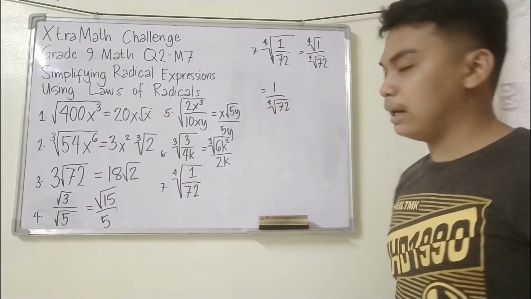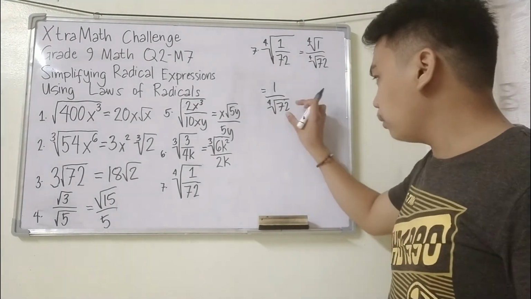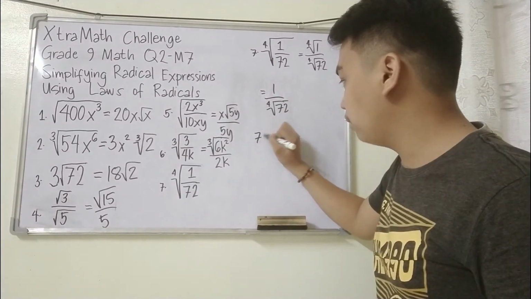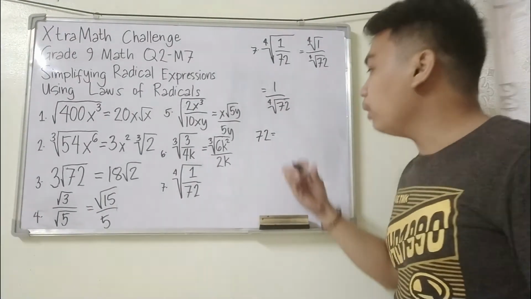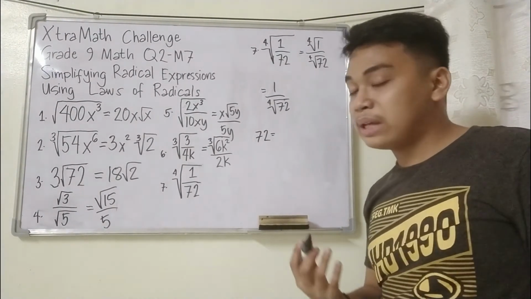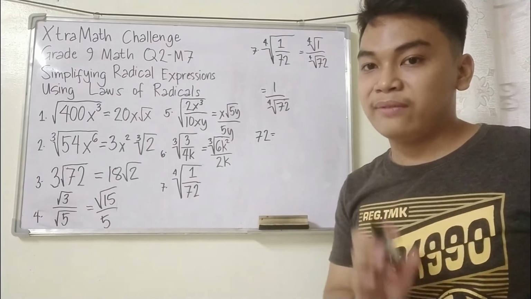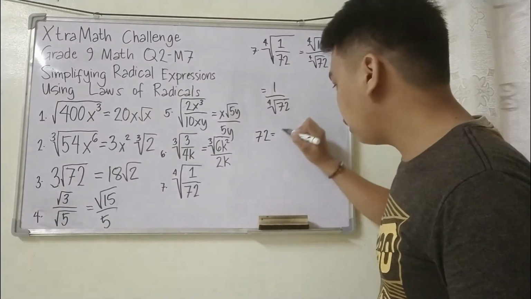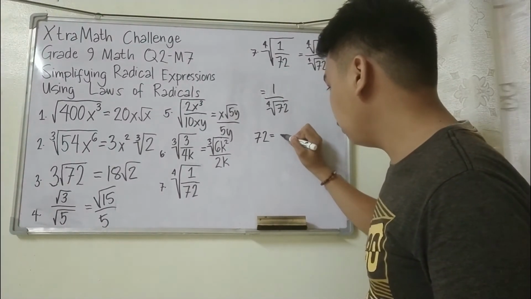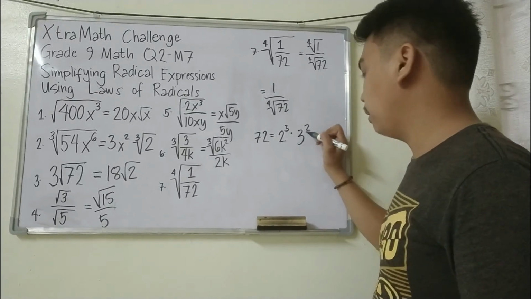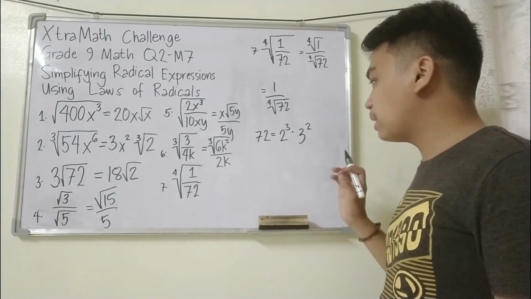So, ano yung gagawin natin? Let's focus on the radicand of our denominator, which is 72. Kukunin natin yung prime factorization ng 72. What is the prime factorization of 72? Yung prime factorization of 72 is equal to 2 cubed times 3 squared.